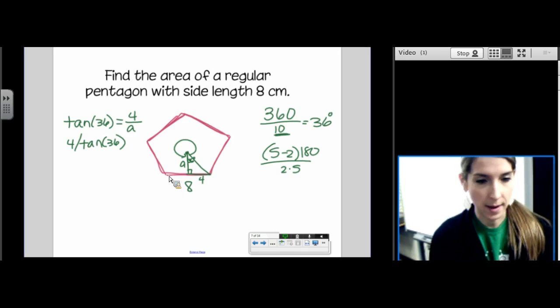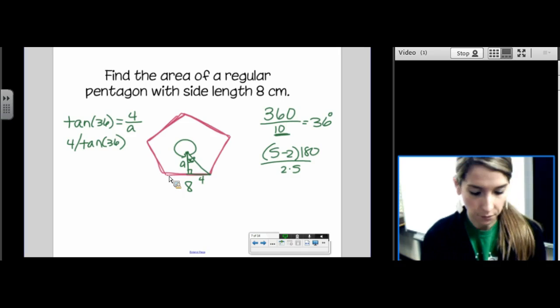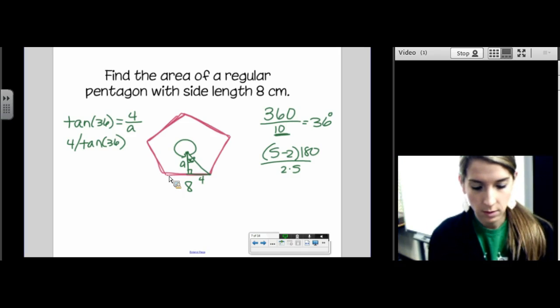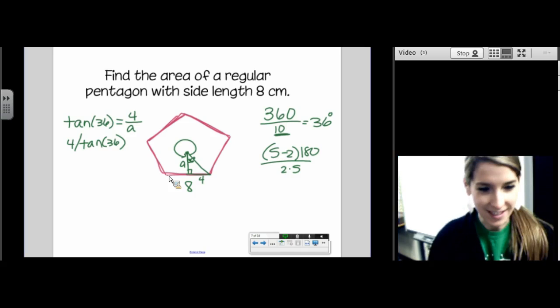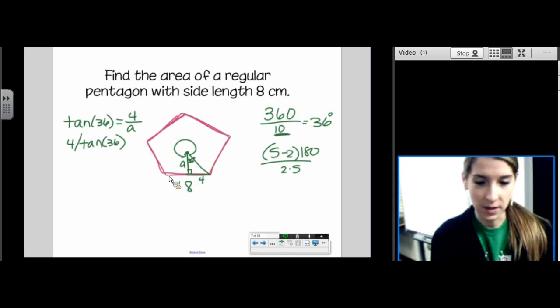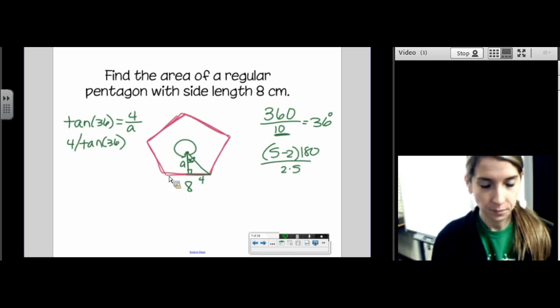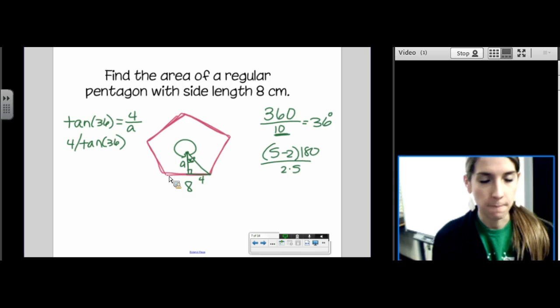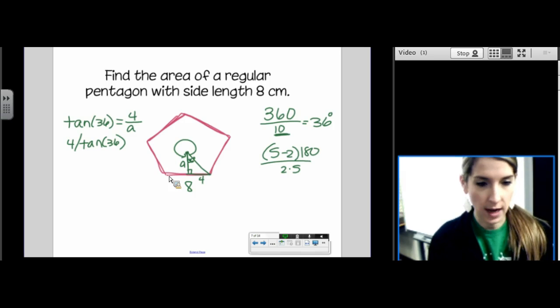Then we'll multiply it by the perimeter and divide it by 2. 4 divided by tan 36 is 5.5. That's not bad. Okay, so we're going to do times. What's the perimeter? 40, right? 8 times 5. And then never forget to divide by 2.